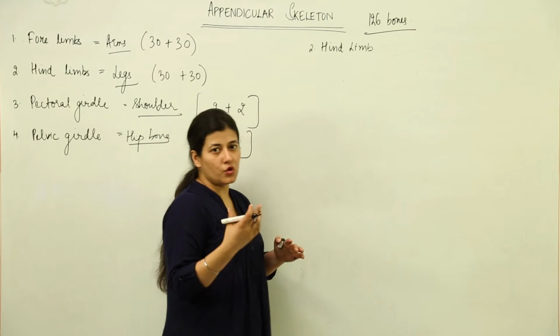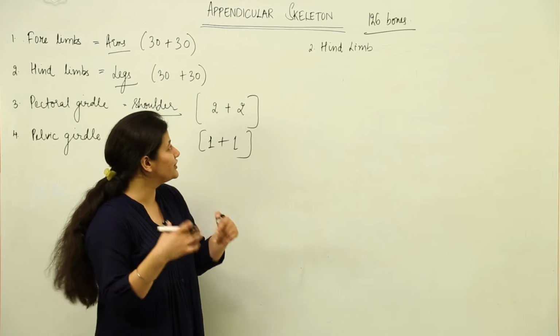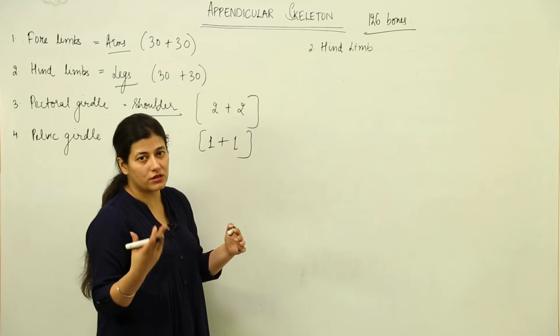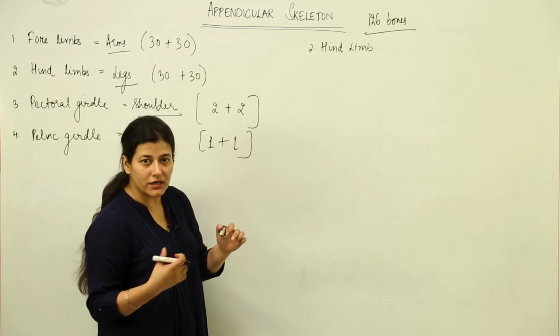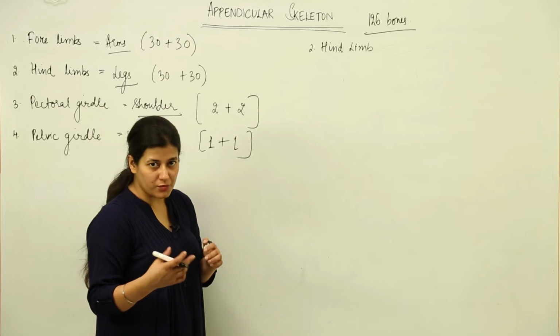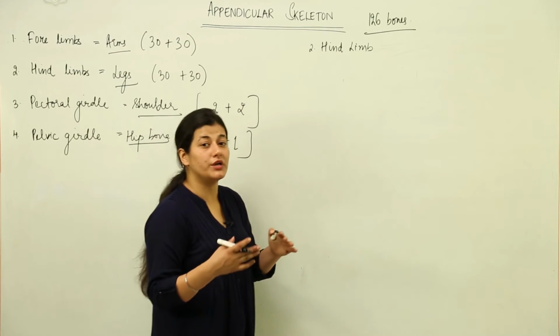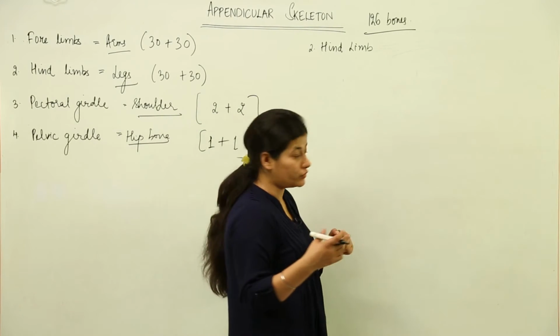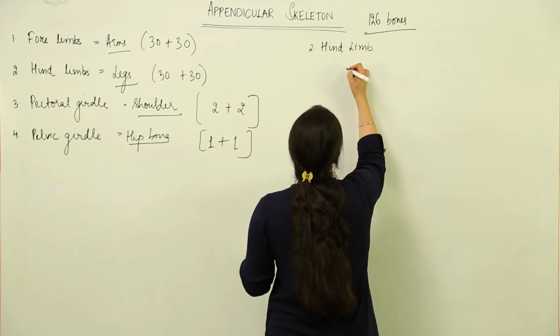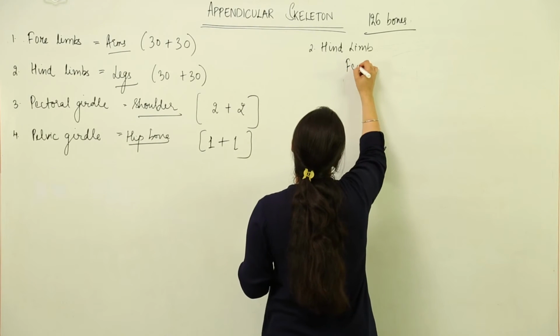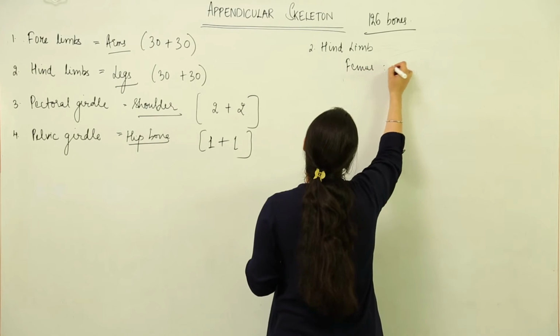Now the longest bone, in your general knowledge quizzes or your early classes, you have crammed it by heart that it is femur which is the longest and heaviest bone in our body, and that is the thigh bone. The other name for that is thigh bone. So the first is femur or the thigh bone.